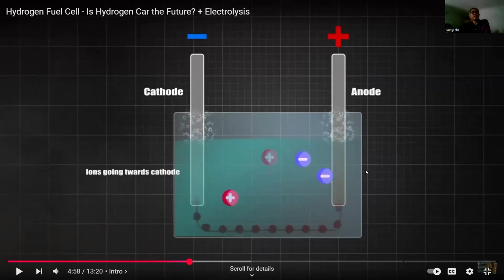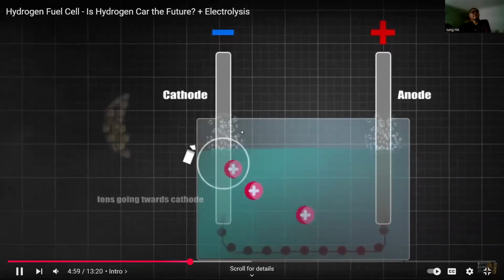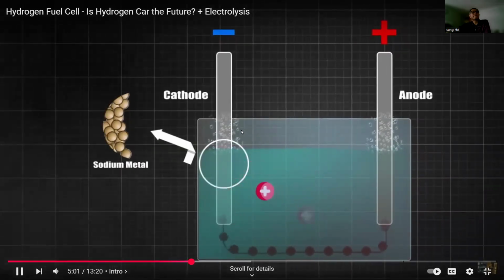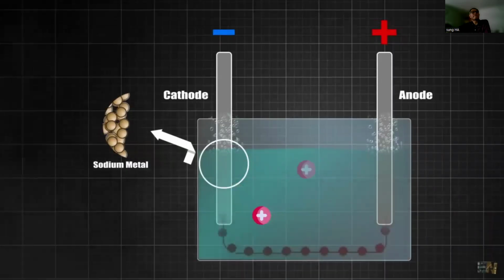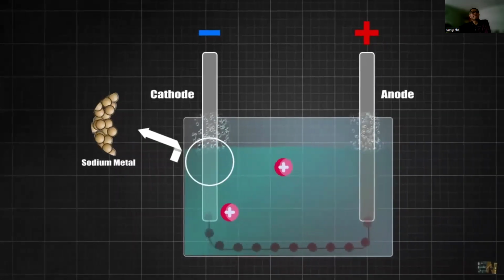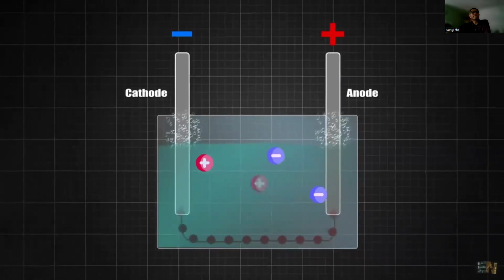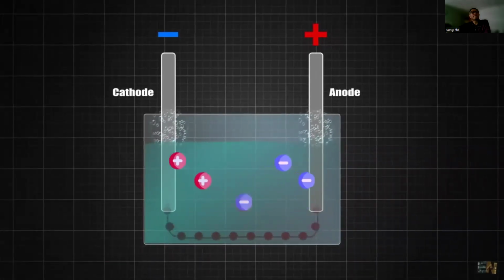As we reviewed, there are 2 methods, PEM and alkaline. So this is the other method, alkaline. Again, this is the electrolyzer: with power in, we can generate hydrogen. Sodium ions go to the cathode, and hydroxide ions go towards the anode.